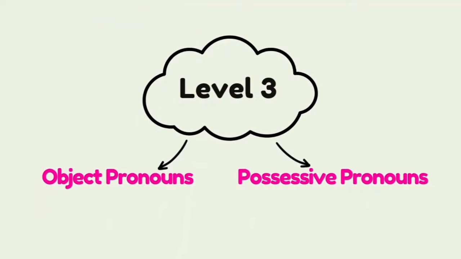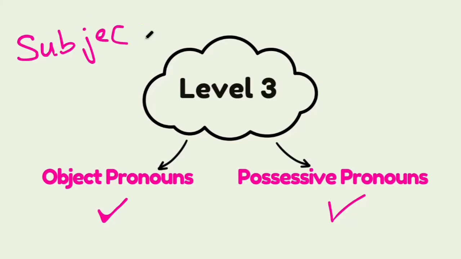Now comes level 3 or year 3. Here we teach two types of pronouns to kids: object pronouns and possessive pronouns. Now remember that when we are teaching object pronouns to kids, before it, we need to teach them what is the subject of a sentence and what is an object of a sentence.